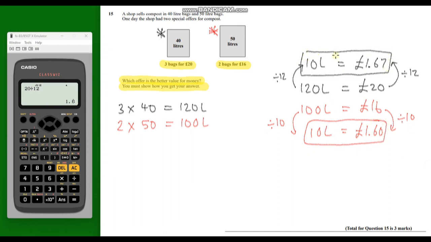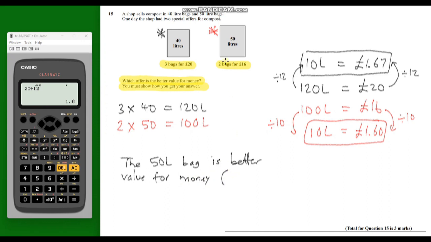So for the black bag, which is the smaller one, you get 10 litres for £1.67. For the bigger one, you get 10 litres for £1.60. So that's clearly cheaper. This one is better value for money. The 50 litre is better value for money. So which offer is better value for money? I could say the 50 litre bag is better value for money.